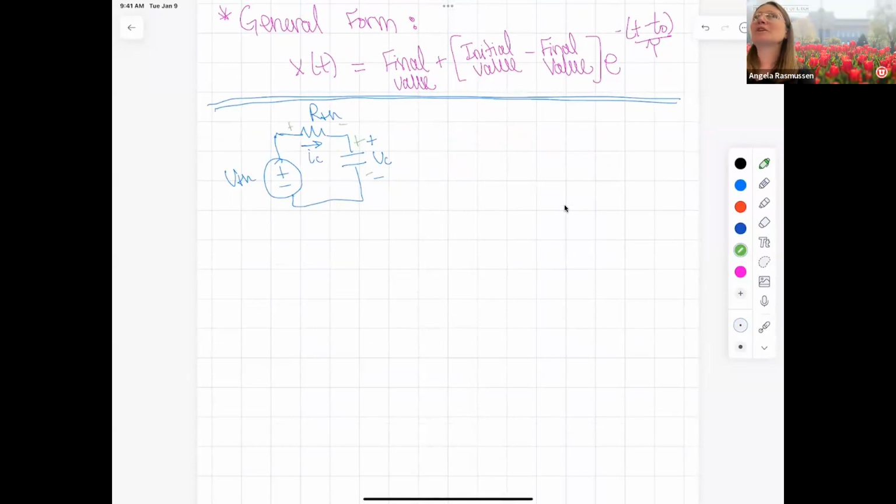So what is the equation for the capacitor? The equation that I said to memorize for the capacitor? Yep. All right, so now when you take the loop, you have plus, minus, minus, so you have plus VTH.